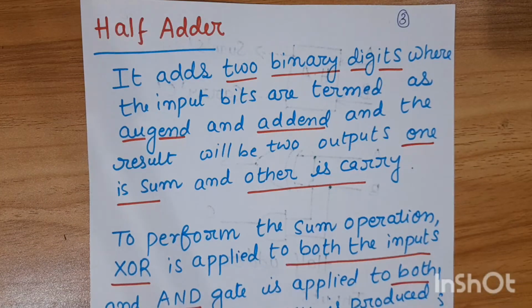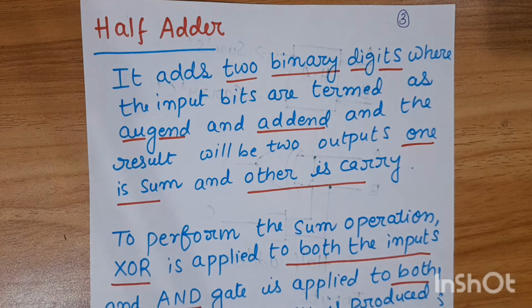Now the half adder. The half adder adds two binary digits, where the input bits are termed as augend bits and addend bits. The result will be two outputs, one is sum and the other is carry. So what are the inputs of the half adder? Two binary digits, two single bits are input to a half adder.